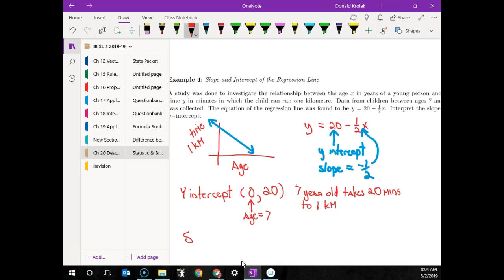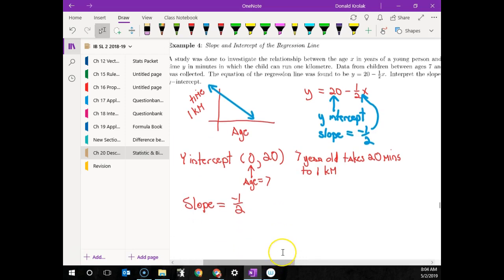Now the slope is -1 over 2. So what's that telling you? As the age increases, it takes less time to run. Specifically, every year they decrease their time by about half a minute.